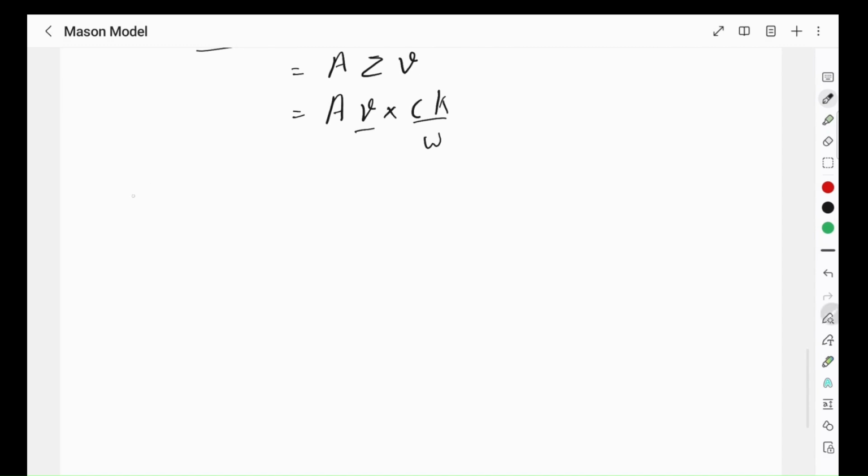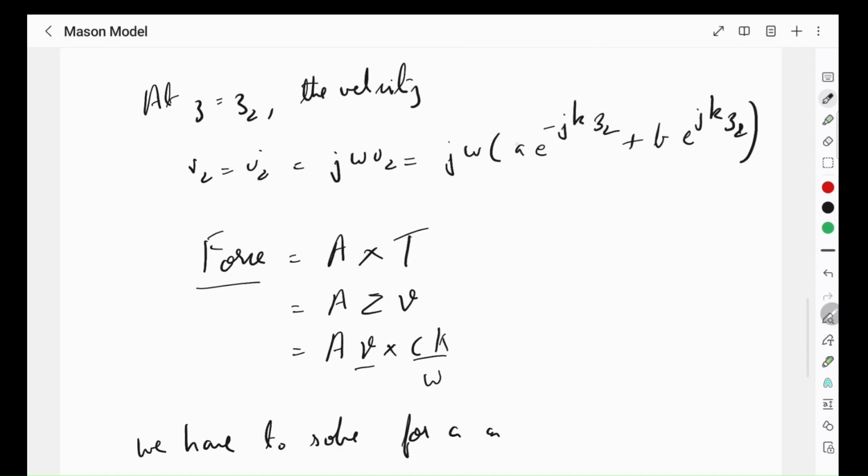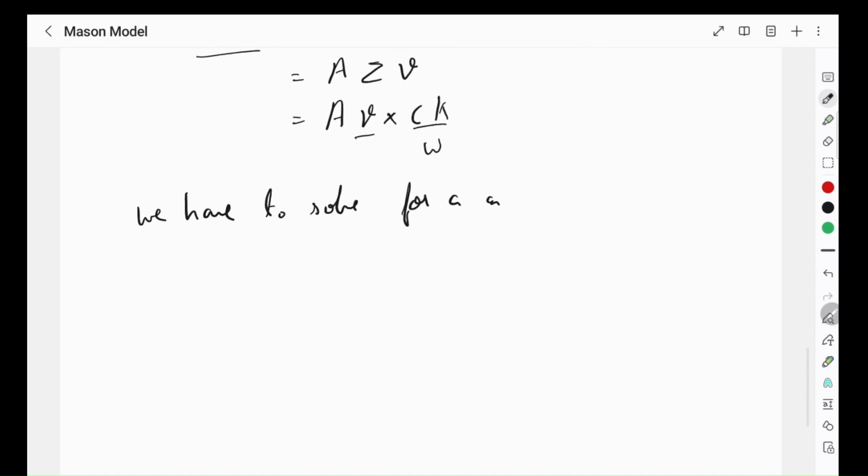So for that we have to solve for a and b, these two terms, okay. What is a and what is b, then only we will be able to write the whole equation. We need to make this into a simple model, like for example you are applying a voltage, you have a resistor here, then you have a resistor here.